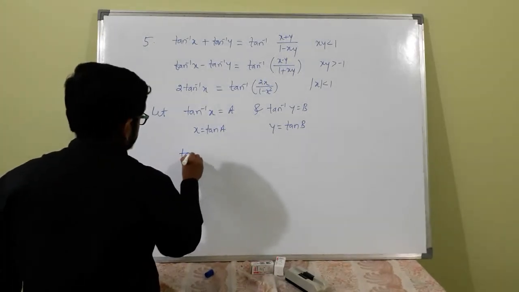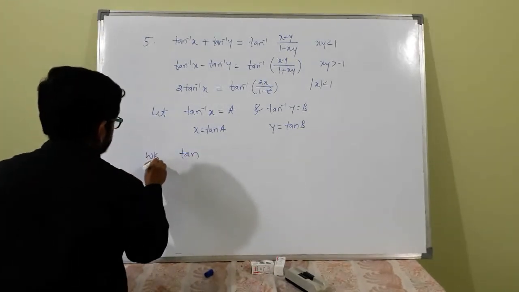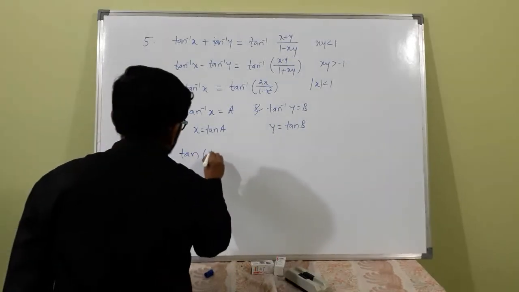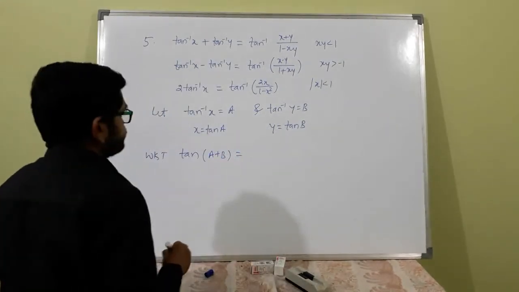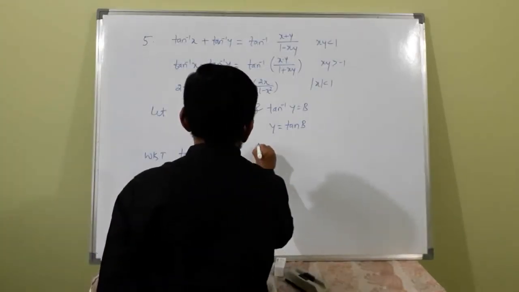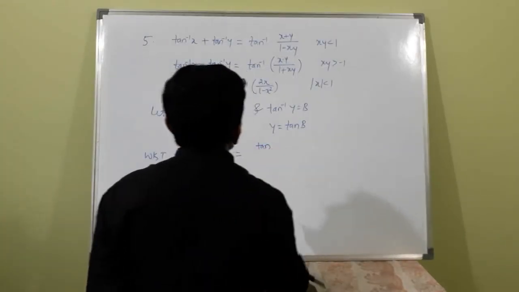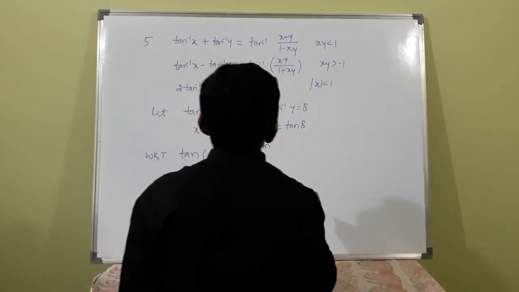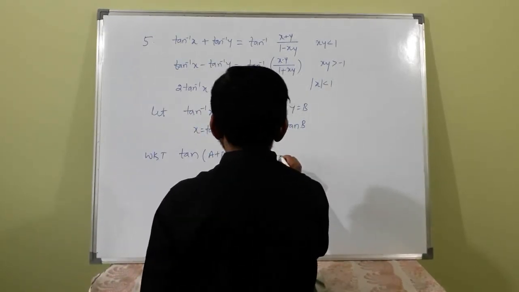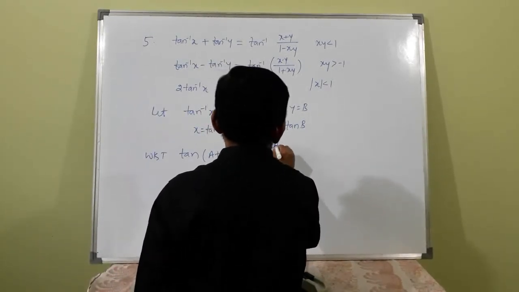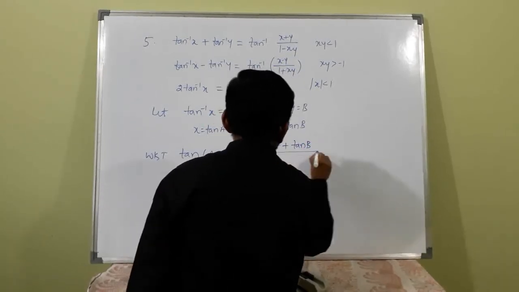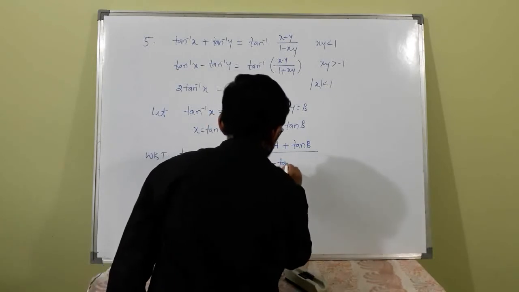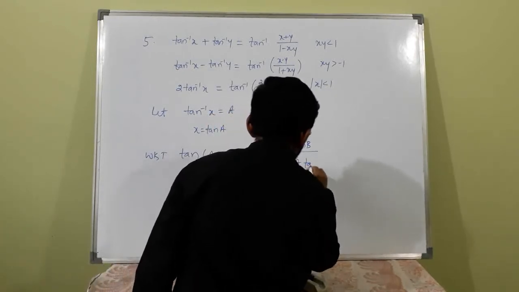We know that tan of (a plus b) is tan a plus tan b divided by 1 minus tan a tan b, isn't it?